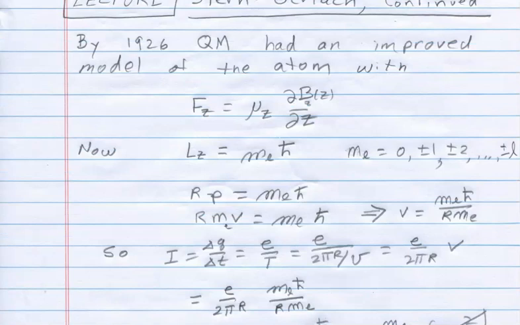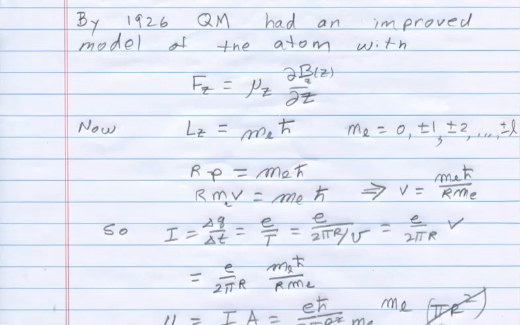And if we put the orbit of the atom in the xy plane perpendicular to the z-axis, then the z component of the angular momentum is r times p, or r m v, is m sub l h bar now, not n like in the Bohr theory.